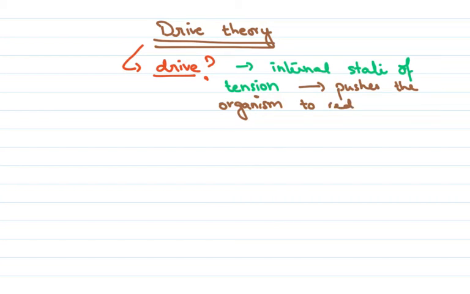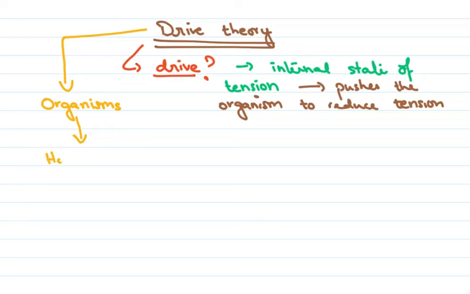There's a fundamental assumption behind all kinds of drive theories, and that assumption is basically that organisms want to stay in a state of homeostasis or equilibrium. So organisms want something that we call homeostasis, which basically is a state of equilibrium.